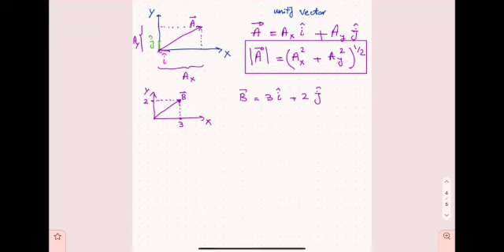Cool, no? Okay, so for example, in our example, the B vector, 3i plus 2j, what is now the magnitude of this? So we can write the magnitude of B is the square root of 3 squared plus 2 squared, which is equal to the square root of 9 plus 4.